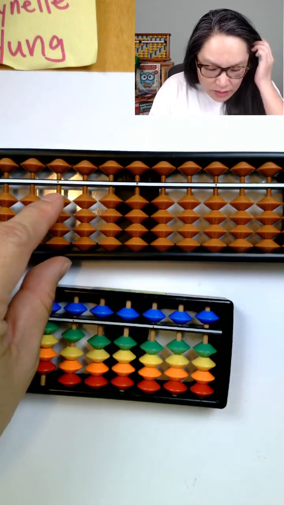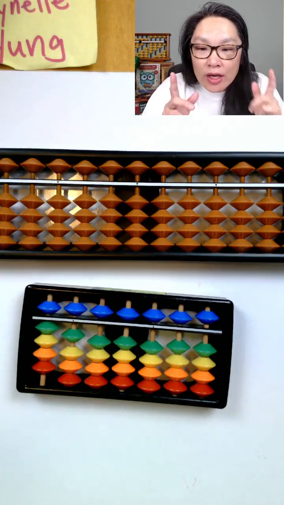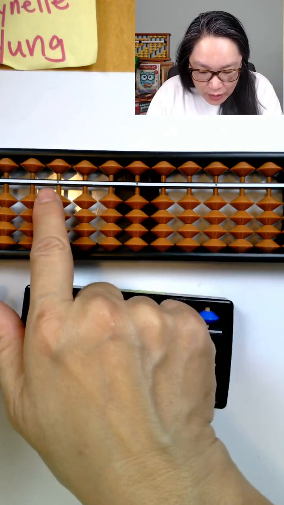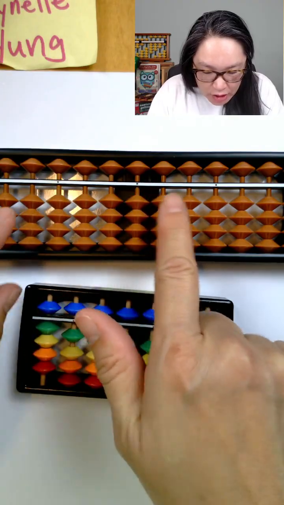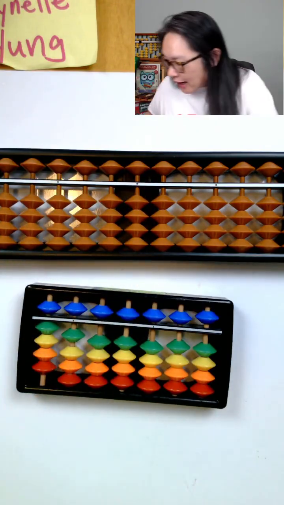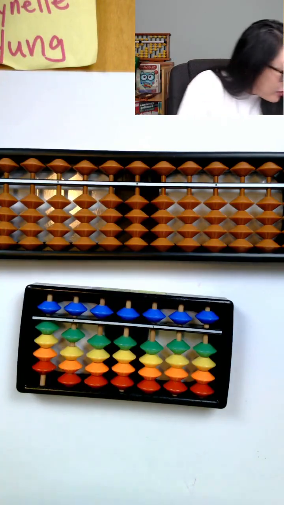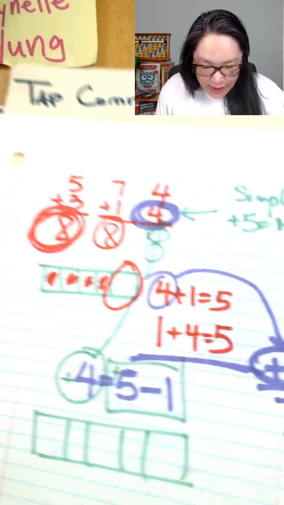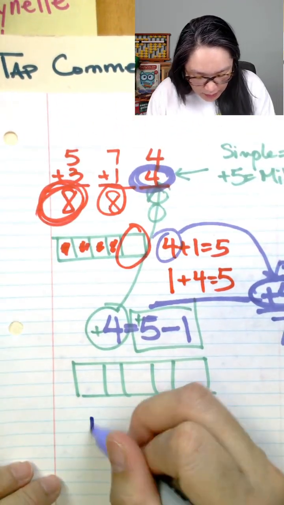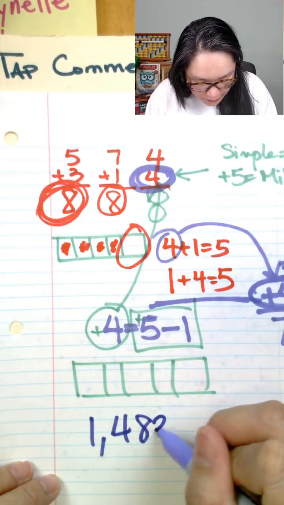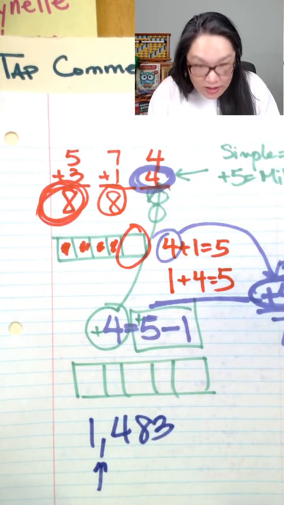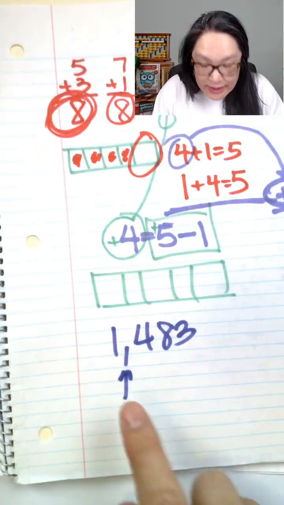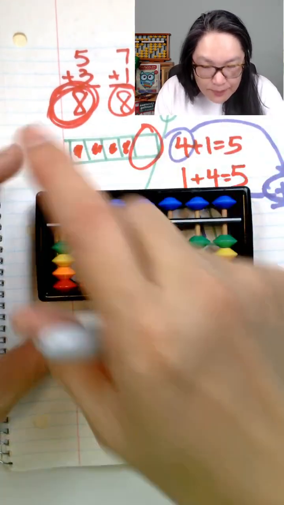So these markers are for, hey Audrey, what is it called when we do thousands, like major markers? Because you know how we have the commas? I was trying to figure it out and I couldn't remember what it was. So if we had a number like 1,483, this comma is a place value, but it's a major place value.